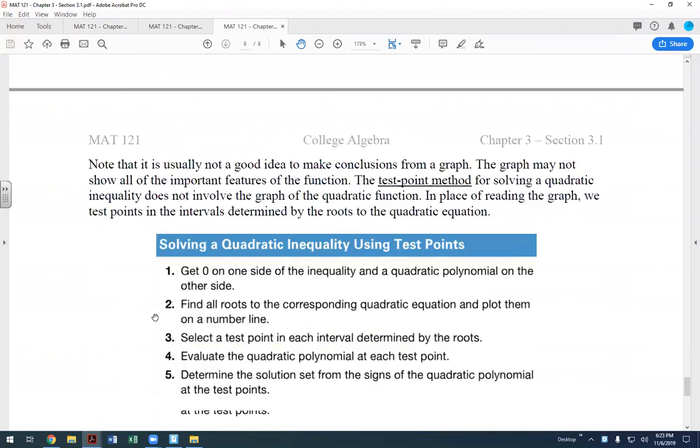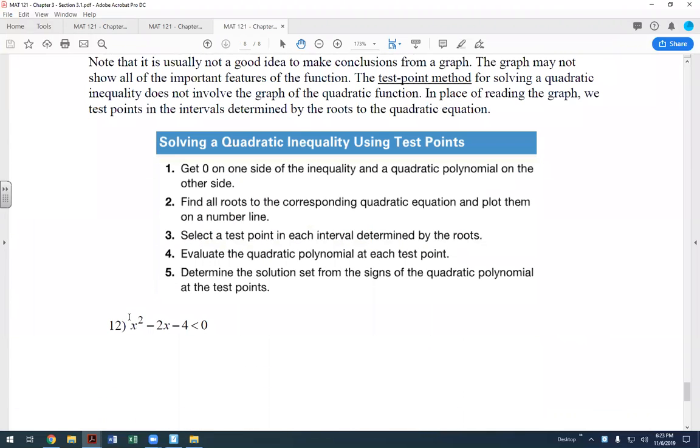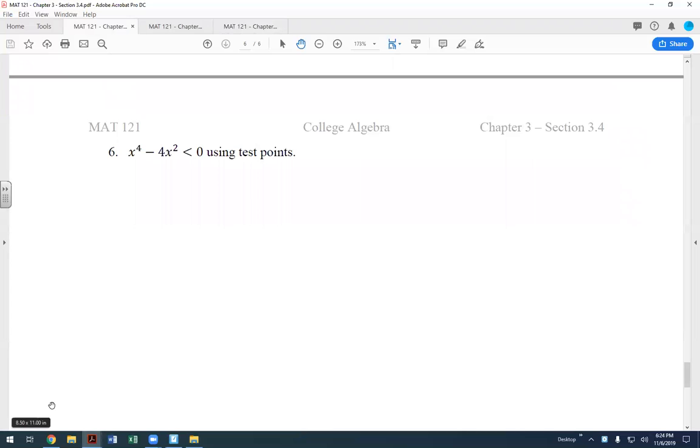Yeah, right there. We're pretty much following the same instructions that we did for quadratic equations or inequalities with the polynomial. So make sure you get 0 on one side, all the other terms on the other side, find your roots, which is your x-intercepts, put them on the number line, and then of course from each interval, we select a test point to see where our function will be positive, where it will be negative.